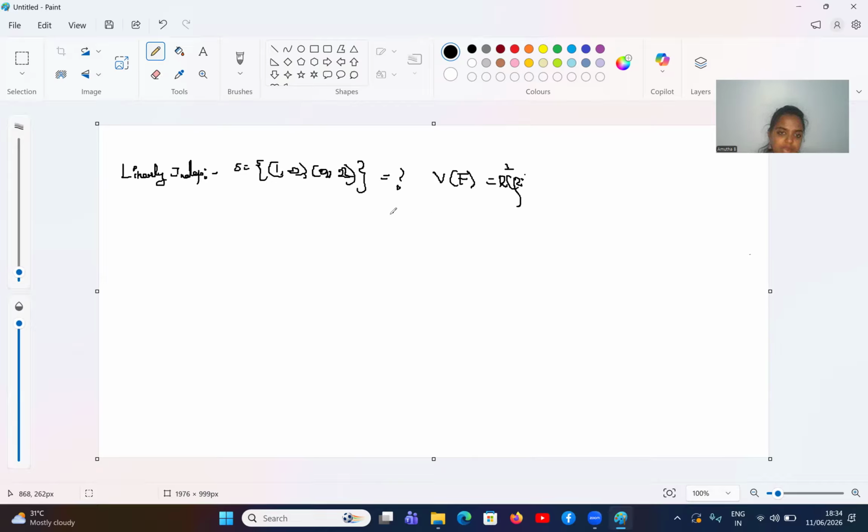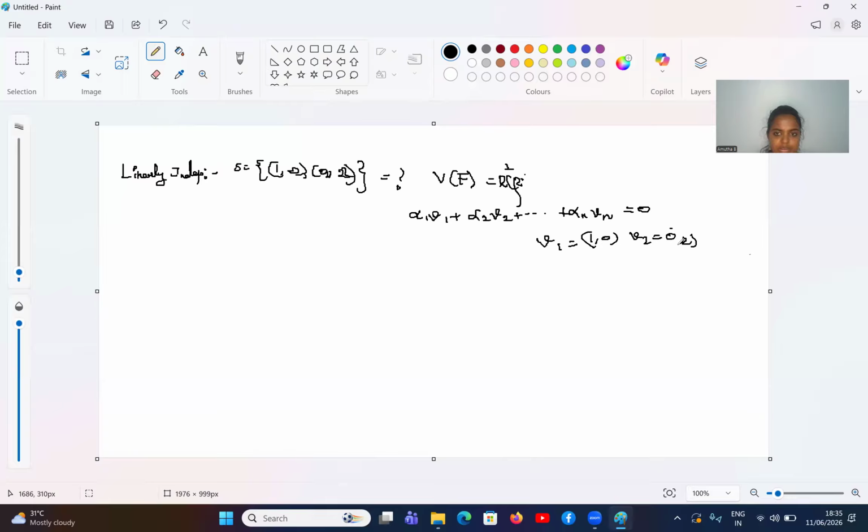First of all, we have to write the linear combination. What does linearly independent mean? We write a linear combination alpha 1 v1 plus alpha 2 v2 and so on plus alpha n vn equal to 0. Here in the set S, I'm taking v1 as (1, 0) and v2 as (0, 2).